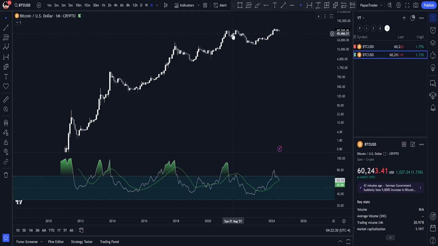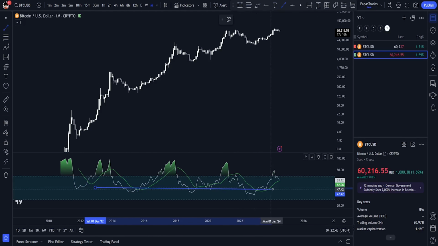This was just a level of distribution, final offloading of their market makers and institutional positions. But anyways, we can see that each cycle top has been met with the RSI on a monthly time frame being topped out.